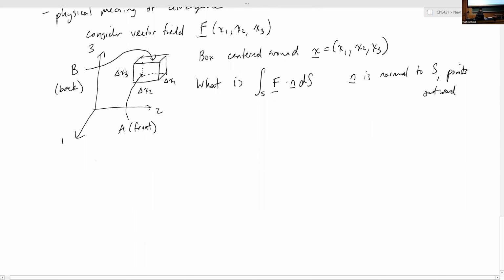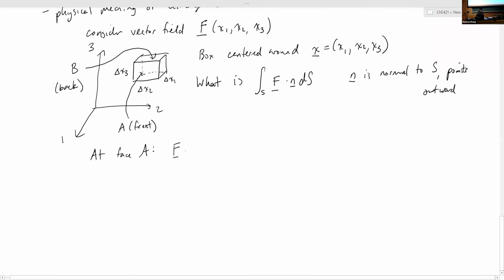And so at face A, the quantity that we want, or this integral, is going to be f dot n times the unit area here, dS. That area is just delta x2 times delta x3. Now we can figure that out.